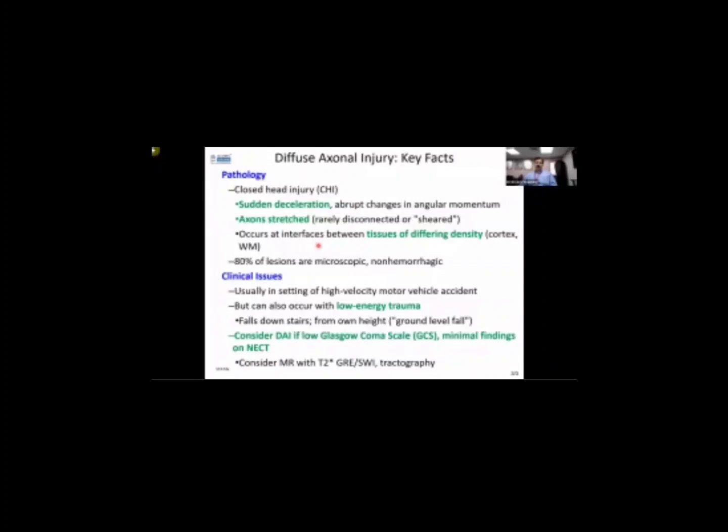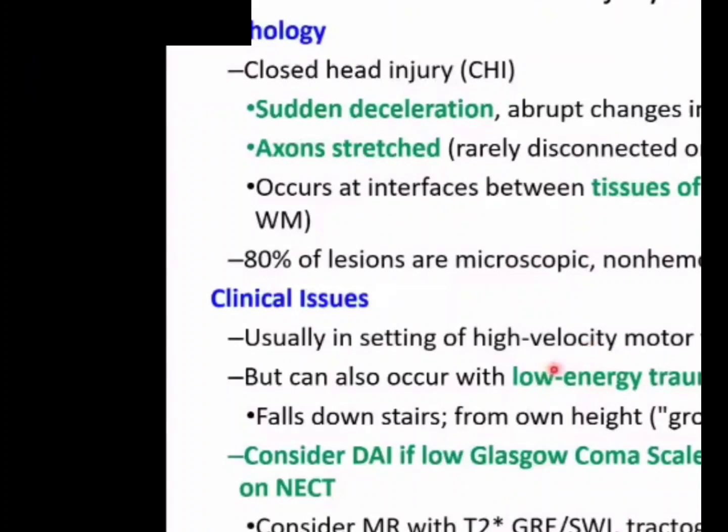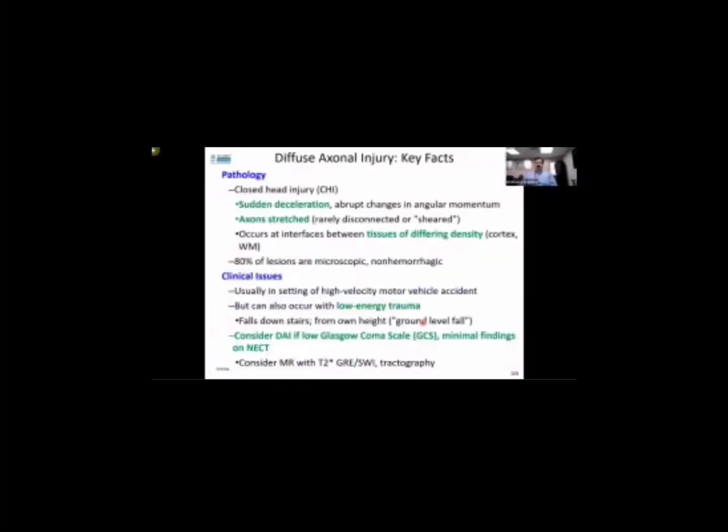Please also remember that sometimes it can happen with low energy trauma. Of course, it can be with high energy trauma as in road traffic accidents, but a patient might fall down at home, what we call a ground level fall, and have diffuse axonal injury.